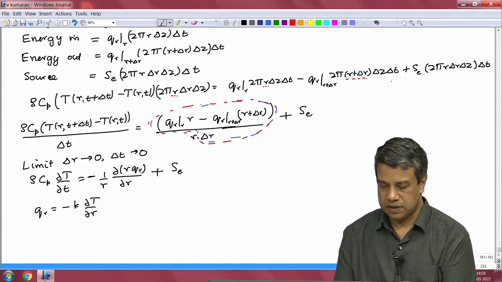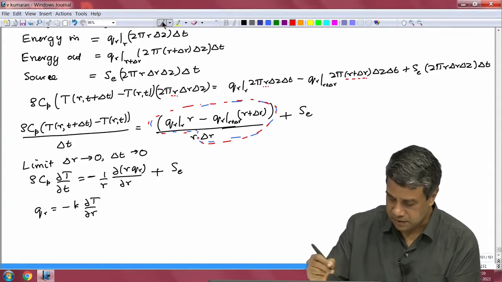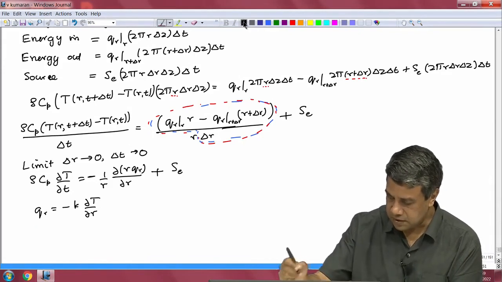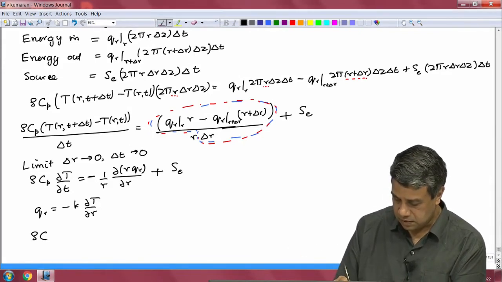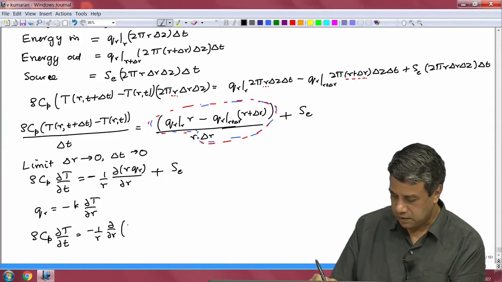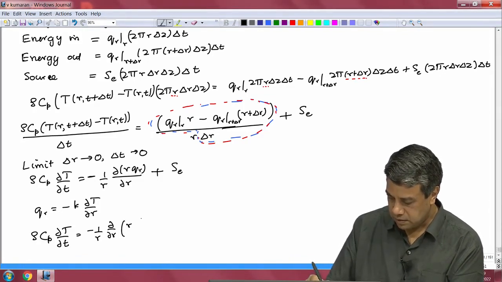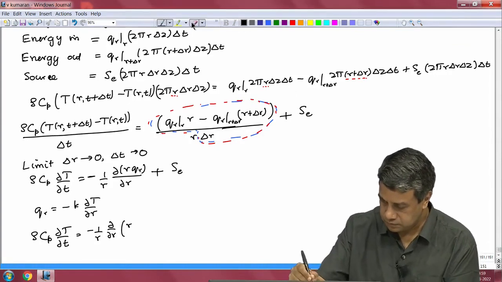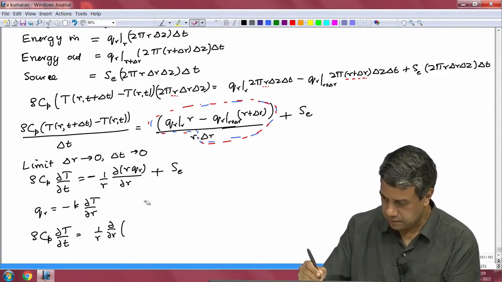And therefore, q_r is equal to minus k times partial T by partial r, and the differential equation becomes rho Cp partial T by partial t is equal to minus 1 over r d by dr of r q_r. There is no negative sign here.